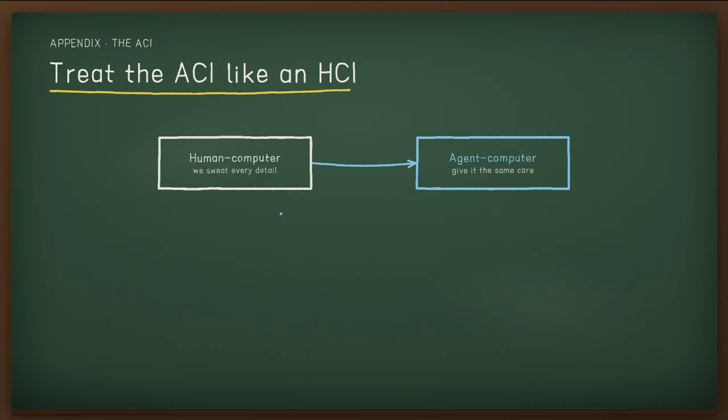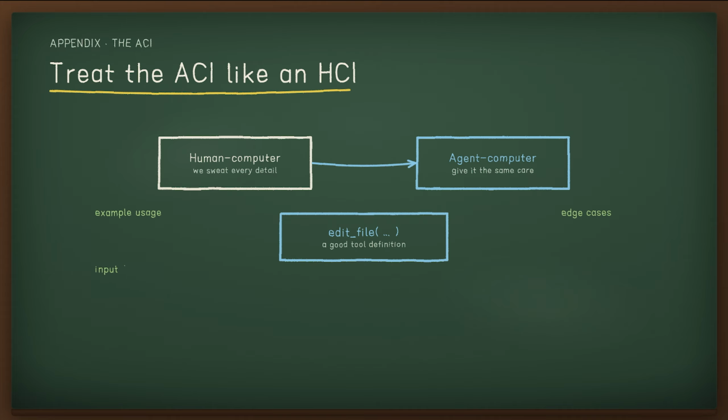A good definition has example usage, edge cases, input formats, and clear boundaries from other tools. Improve parameter names and descriptions like you're writing a docstring for a junior developer. Test how the model actually uses your tools, watch the mistakes, and iterate. And poka-yoke them. Design the arguments so mistakes are hard to make.